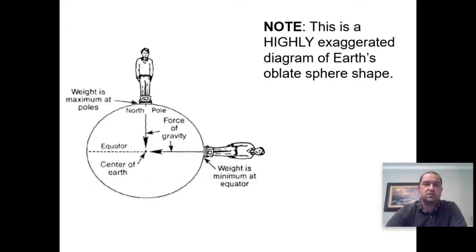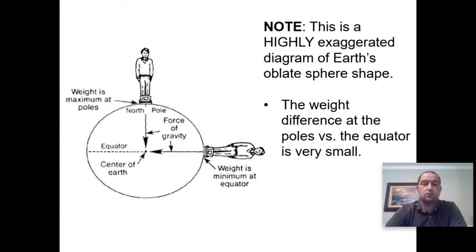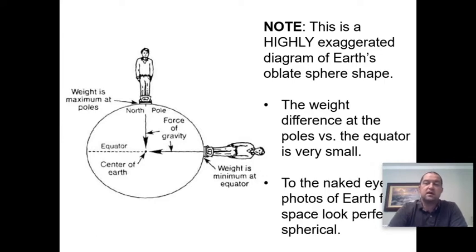Now, this is just exaggerated, but if you were at the pole, you'd weigh more because you are closer towards the center of the Earth than you would be on the equator. The weight difference at the poles versus the equator is very small. To the naked eye, photos of Earth look perfectly spherical.